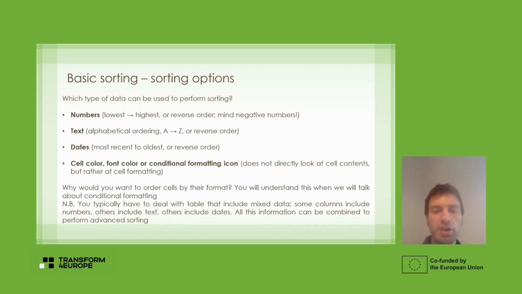But something which is very relevant for conditional formatting, which is another Excel function that we're going to describe later, is that you might also want to sort the cells by their format. So you might have some cells that are colored or that include text which is colored or has a particular font, or also cells that are associated with a particular formatting icon. Well, this kind of information can also be used to sort cells.